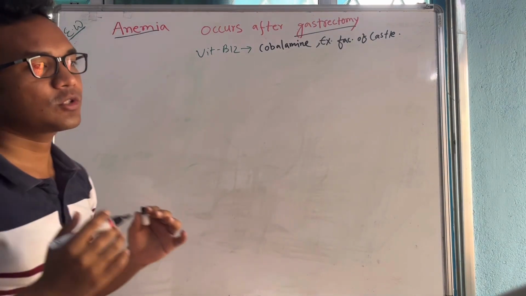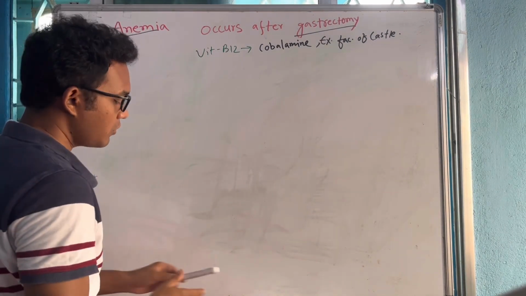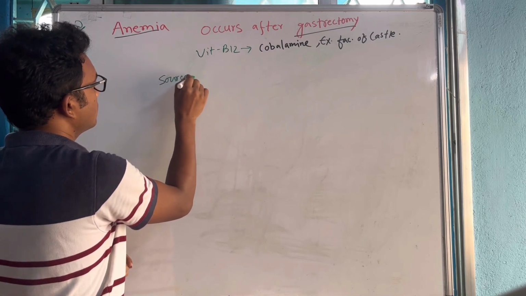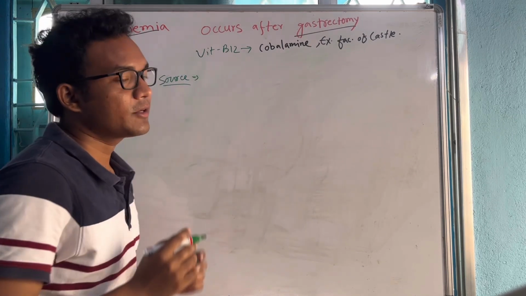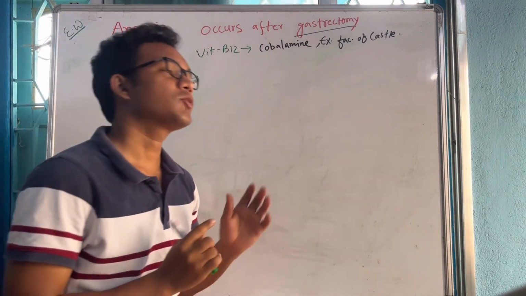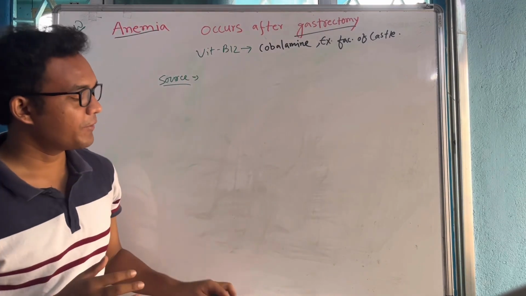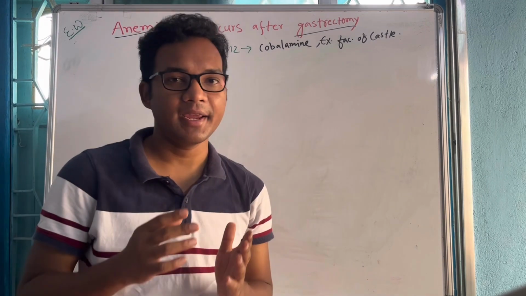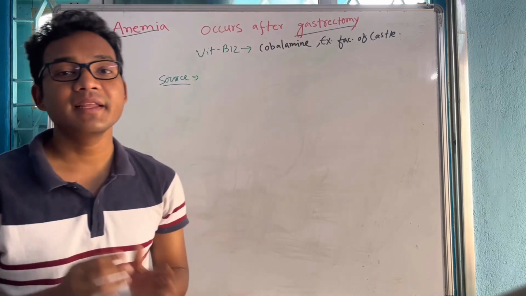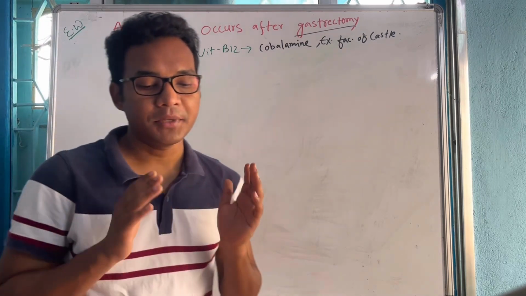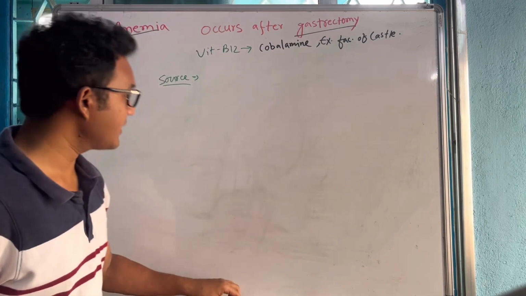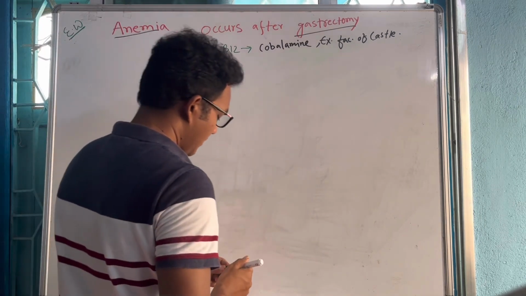Now, what are the sources of vitamin B12? Vitamin B12 has mainly animal sources. We get vitamin B12 from meat, egg, liver, and milk products. Vitamin B12 is absent in plant food. I am saying again, it is absent in plant food.